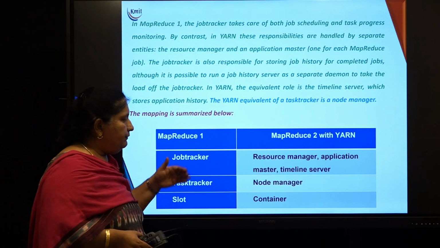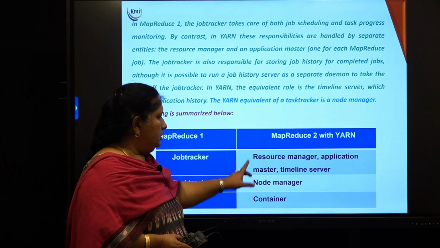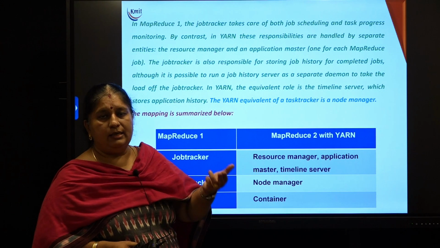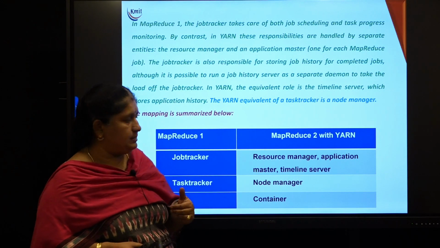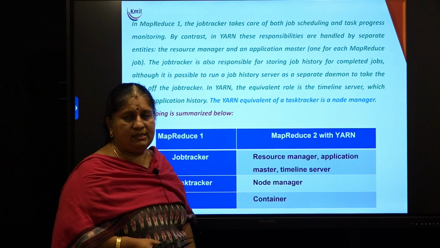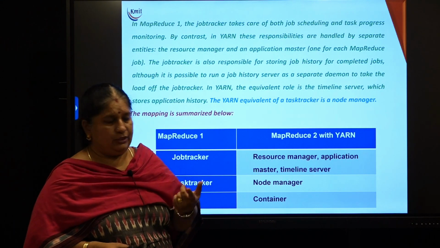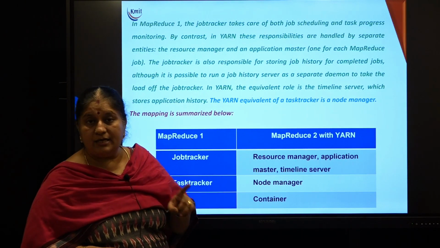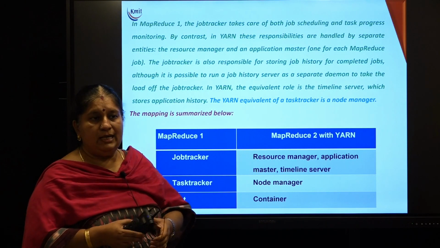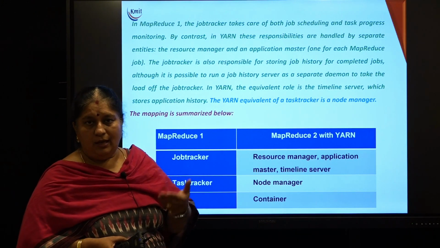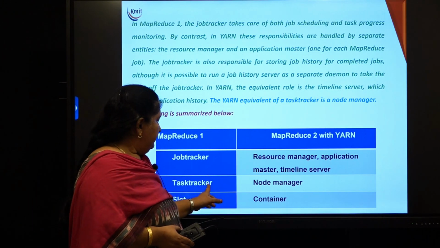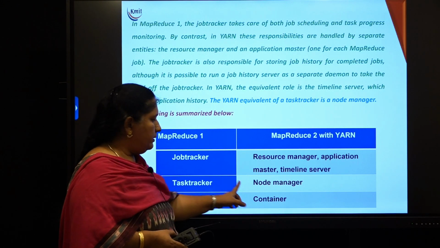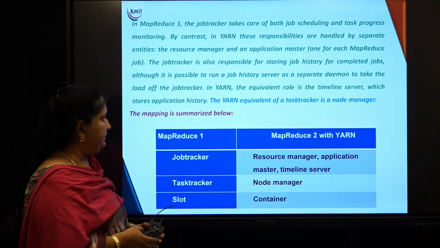The same thing in MapReduce 2: the resource manager takes care of allocating the resources and handling resource requests. The application master monitors the entire application, and a timeline server will at least record the progress of the application. Instead of task tracker, here we call it node manager. Instead of slot, we call them containers.